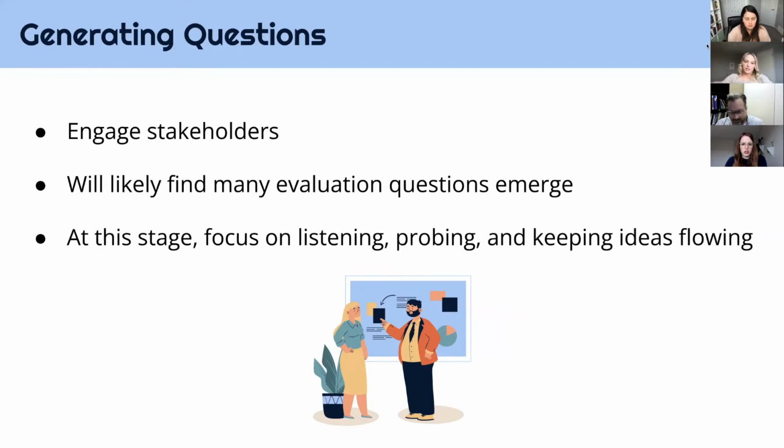The strength of this is just having that diversity of perspective and the joint expertise that comes with having a whole bunch of people involved. I think it would be important to establish a norm of openness, portraying that open discussion is actually a good thing, and we want to hear what other people are thinking. So listening, asking probing questions, keeping the ideas flowing, and not limiting ideas would be important.